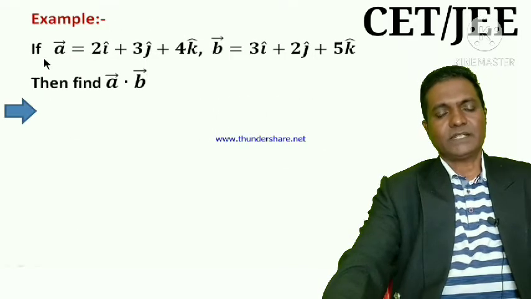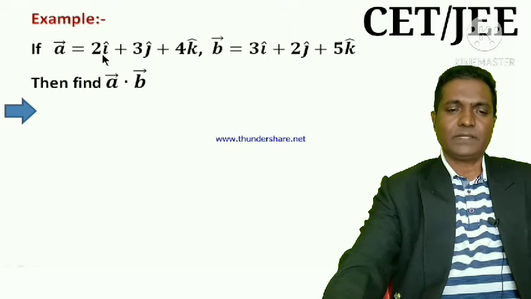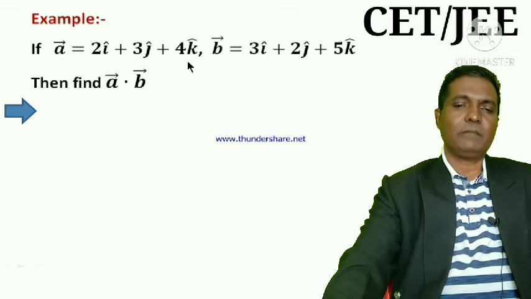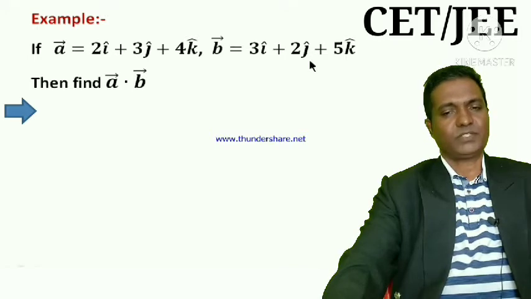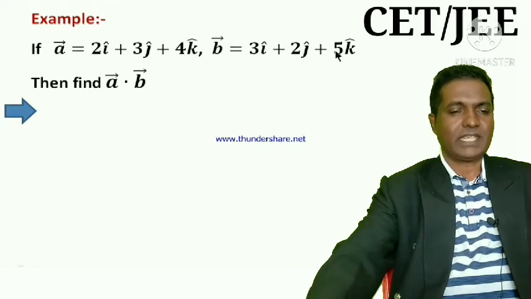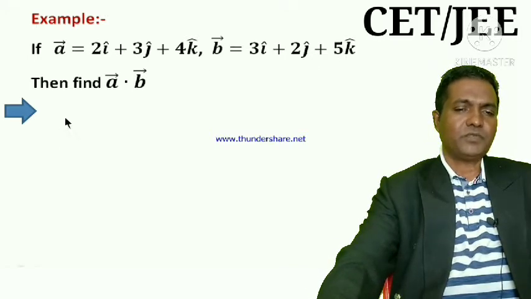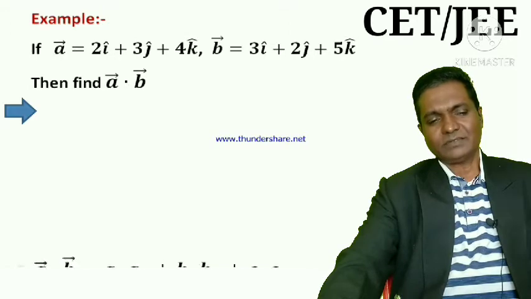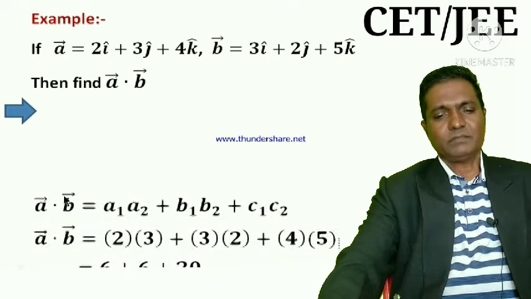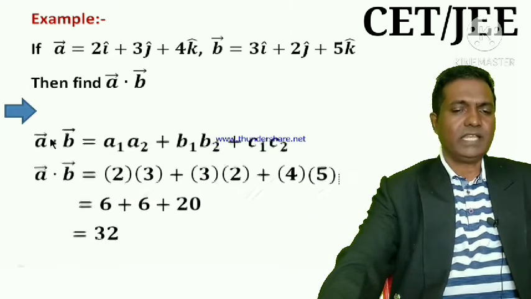Look at this. Vector A is given as 2i cap plus 3j cap plus 4k cap, and vector B is given as 3i cap plus 2j cap plus 5k cap. And you are asked to find vector A dot B. Okay, look at this now. How will you define the dot product of two vectors in component form?